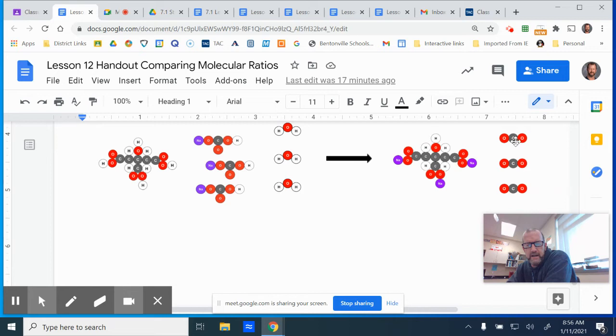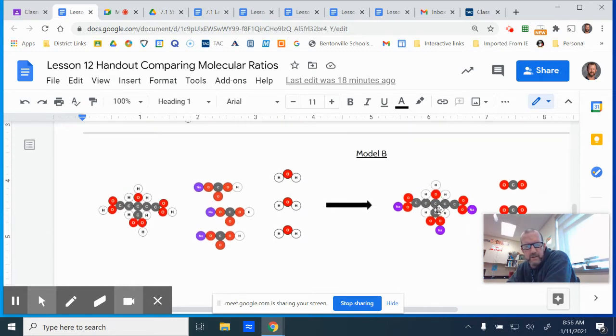But if I look here and I count my carbons, I go 1, 2, 3, 4, 5, 6, 7, 8, 9. I count over here 1, 2, 3, 4, 5, 6, 7, 8, 9. I have the right amount of carbons. And I count my oxygens 1 through 14. And I count over here 13.